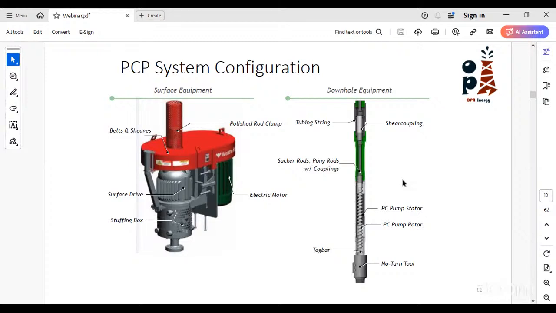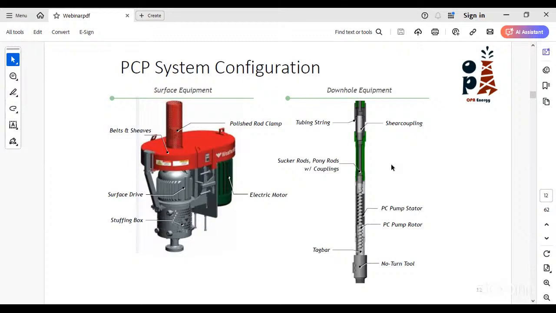Of course, we have two types of PCB. One of them is a tubular one. In this case, the stator is attached directly to the tubing itself, and we have different capabilities for the stator to come in different sizes to fit inside our casing. The other kind of downhole equipment is the insertable one.